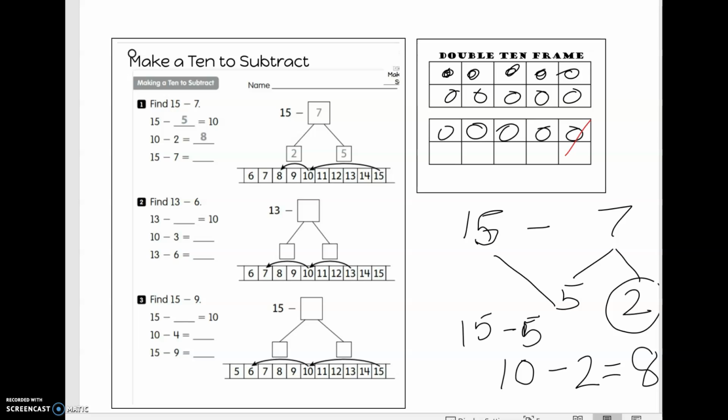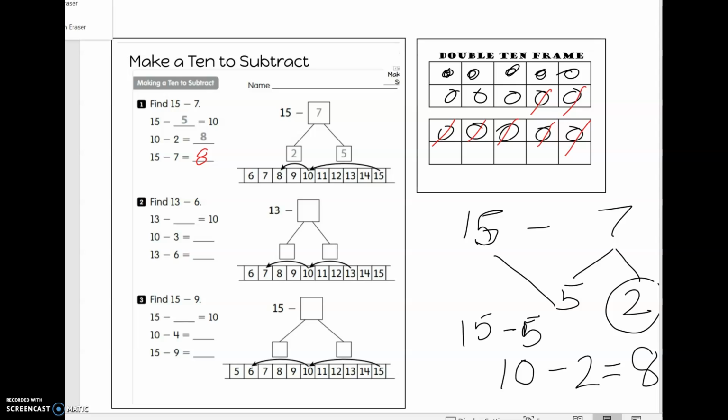So I'm going to take away the 5, 1, 2, 3, 4, 5, right? 5. How many more do I need to take away? 2 more. 1, 2. How many left? 1, 2, 3, 4, 5, 6, 7, 8. So 8 is my answer. 15 minus 7 equals 8.